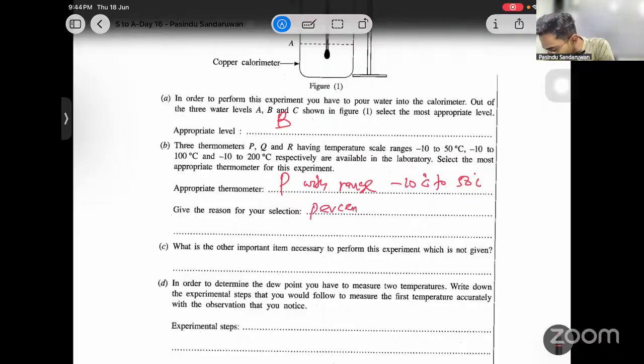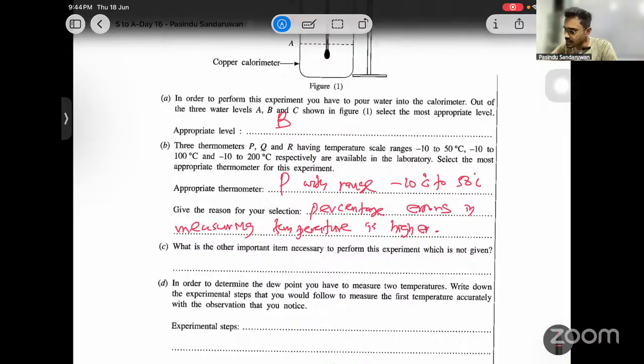Percentage errors in measuring temperature is higher.